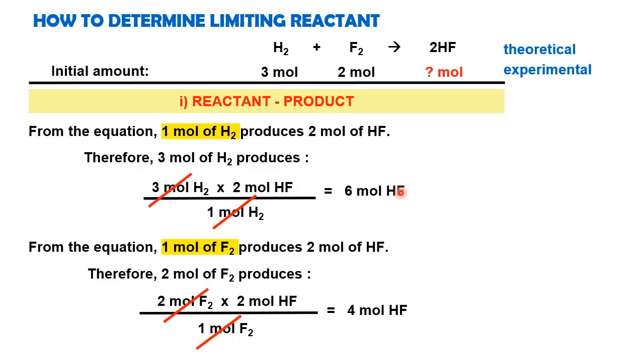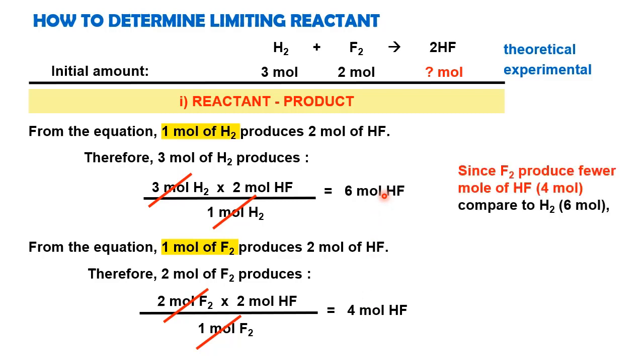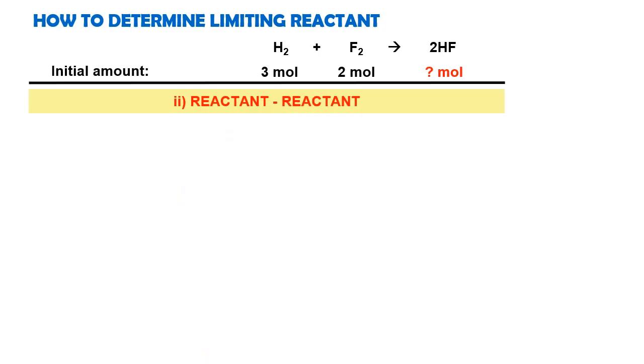We can see the moles of product formed by F2 is less than that of H2, because here we have 4 and here we have 6. So we make a reason like: since F2 produces fewer moles of HF, 4 and then 6, we conclude the limiting reactant is F2 while the excess reactant is H2.